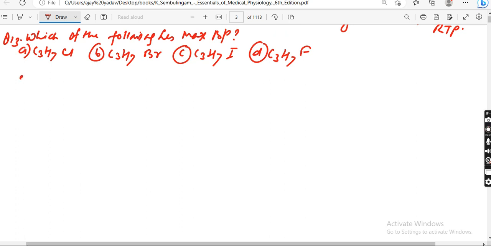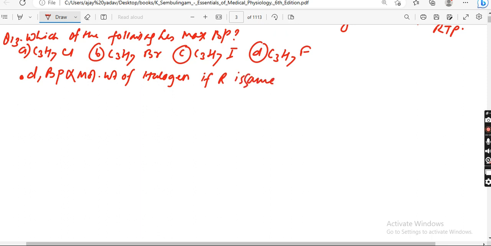So we have already seen that whether it is density or boiling point, that is always directly proportional to the molecular weight of the halogen if R is the same. Look here, R in each case is C3H7.